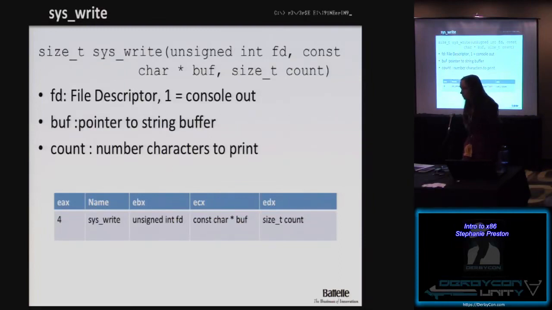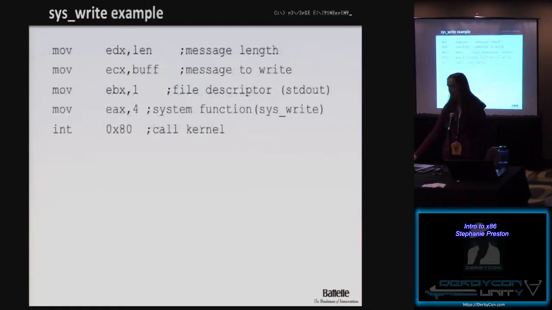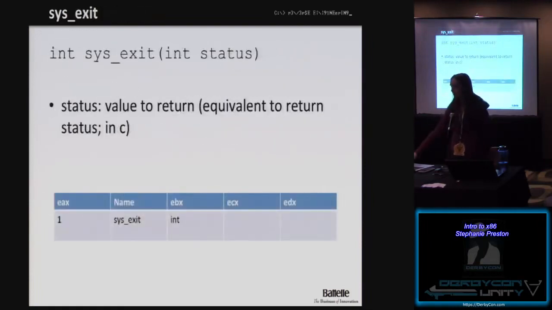You could get a little more complex and link with a higher-level language like C, or if you want to stay strictly in x86, you can use this syscall as long as you're targeting Linux. With these instructions, and I have one minute left, so I'm going to charge through the next couple of slides, this is how you can write out to the console. Here's an example of writing out. Again, if anyone wants these slides, my email address will be up and I'll send them to you.